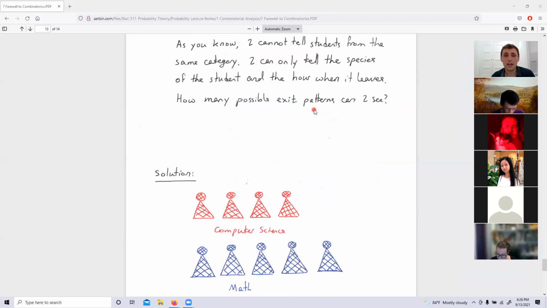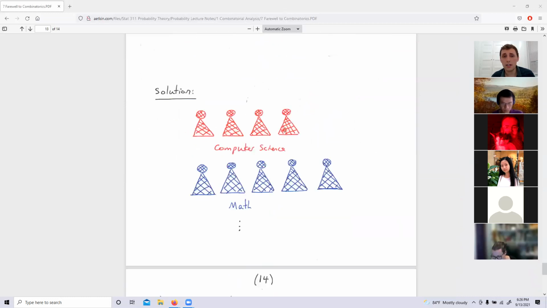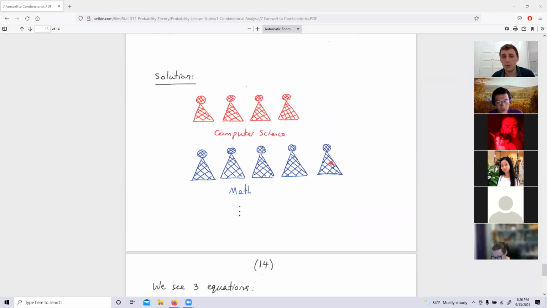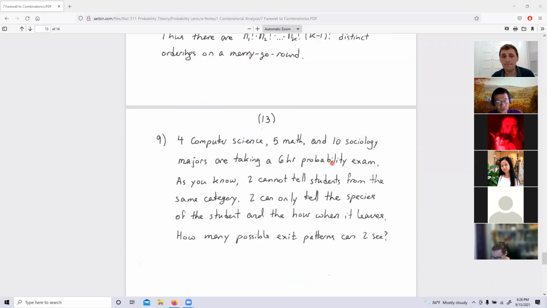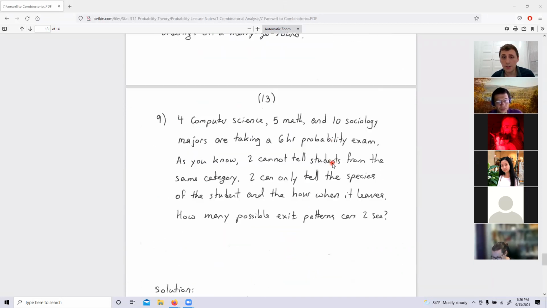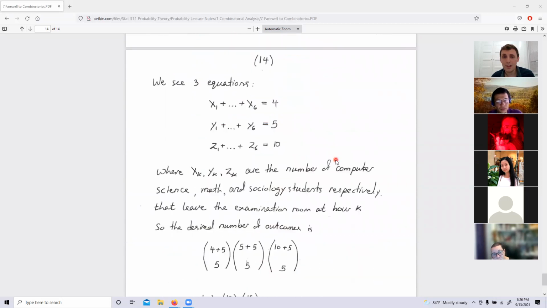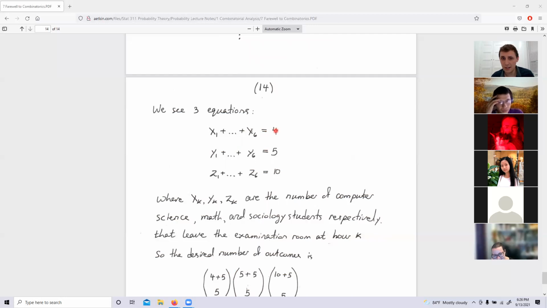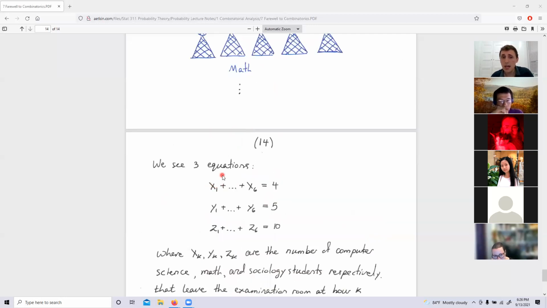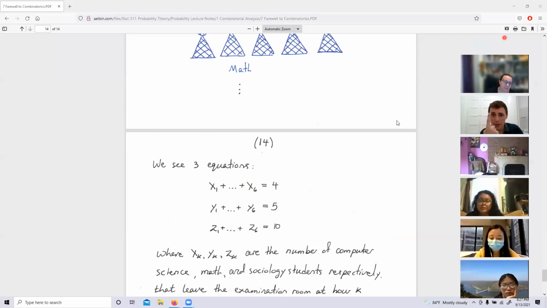So this is how we understand it. I color computer science majors red, math are blue, and I guess sociology don't deserve a color. So then we have a summation of x1 all the way to x6. What is x1, guys? 1 through 6 are the hours: first hour, second hour, third, fourth, and onwards.